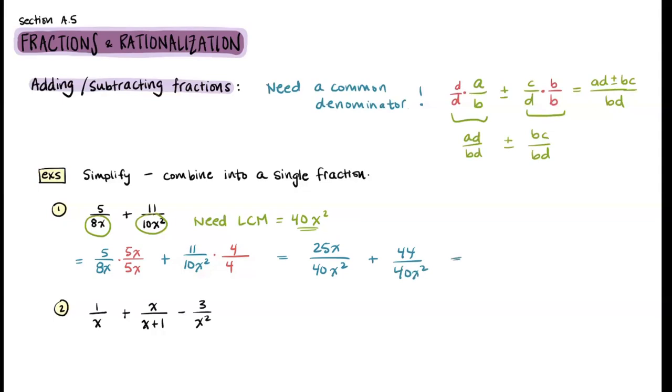We can put these together by adding their numerators, 25x plus 44. That's the new numerator. And then in the denominator, we don't add the denominators, it's the common piece that we made both fractions out of, and so we have the same denominator here, so that'll be over 40x squared.